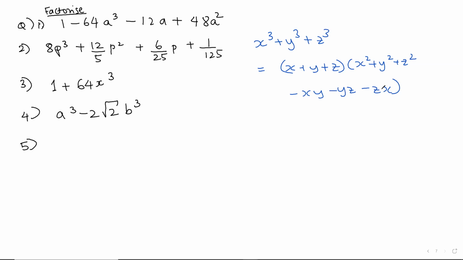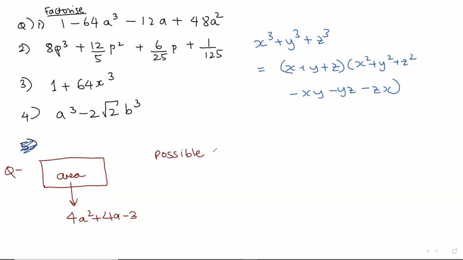And let's have a few more questions. Another question that we have here is, so we have a rectangle, and the area of this rectangle is 4a square plus 4a minus 3. And you have to find out what are the possible expressions for the length and breadth.